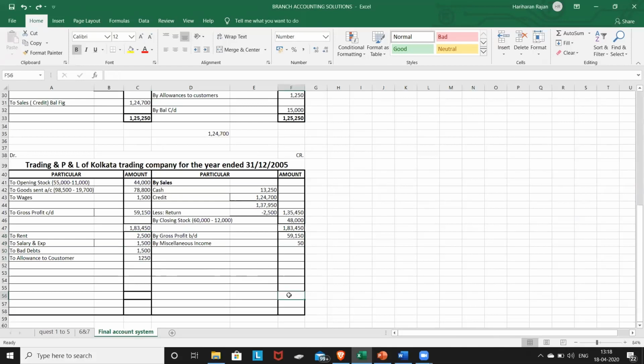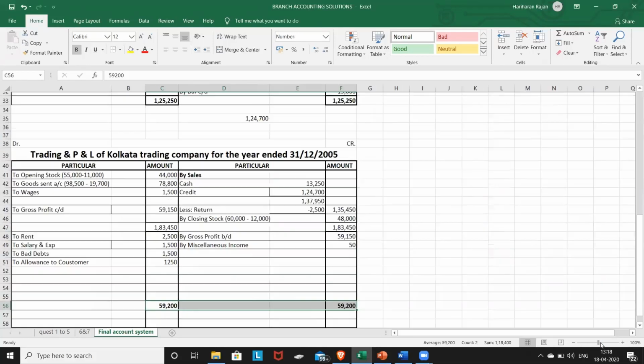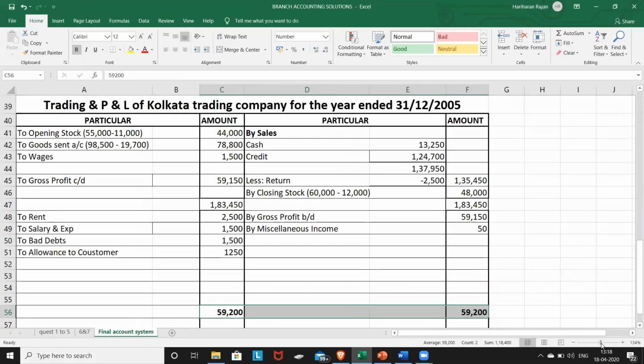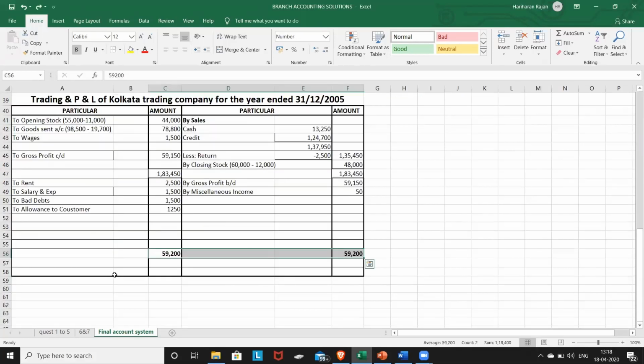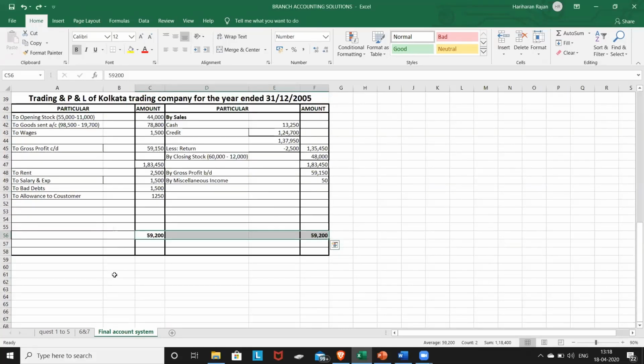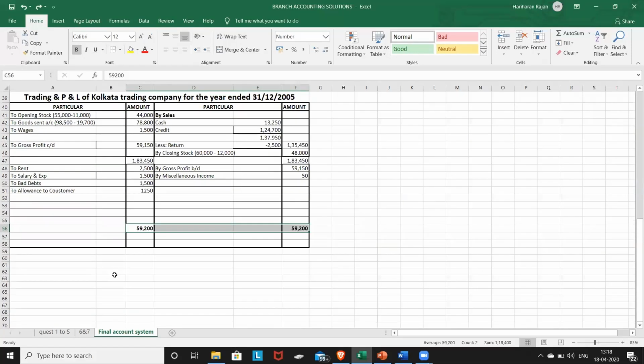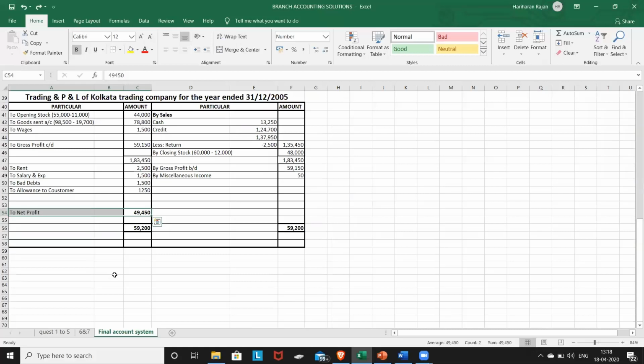So highest amount both this side. So let us find out what is the profit. The profit is 49,450.